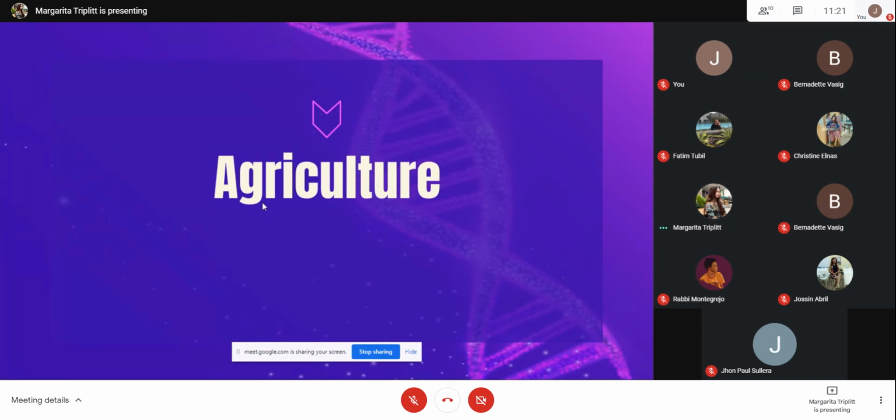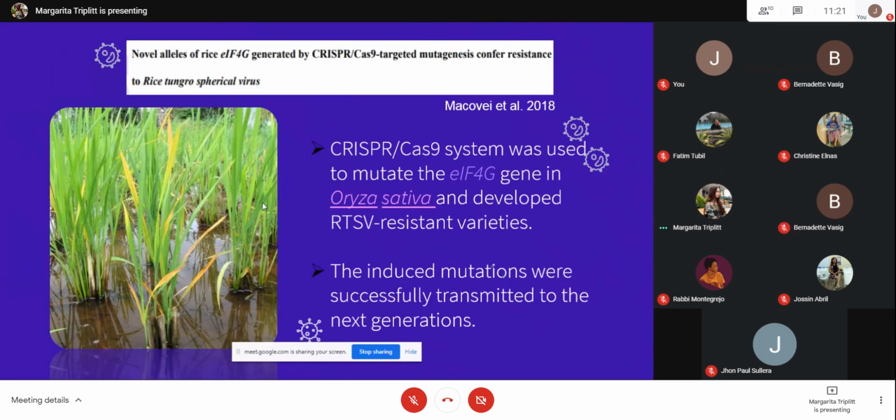Now, in this study, CRISPR-Cas9 was used to improve the strength and the lifetime of the crops. And since traditional or conventional methods are time consuming and labor intensive, the researchers here in the Philippines developed a disease-resistant crop that would help in the improvement of agriculture.